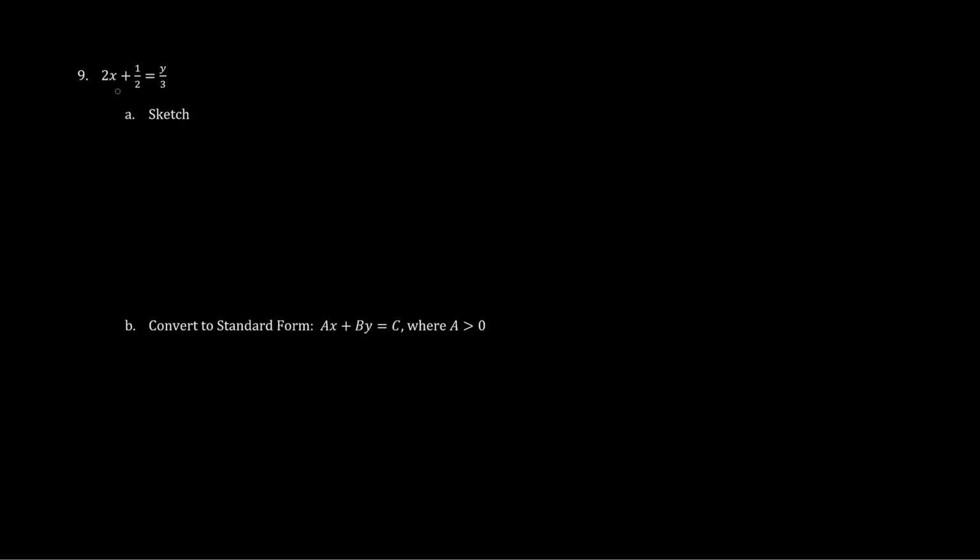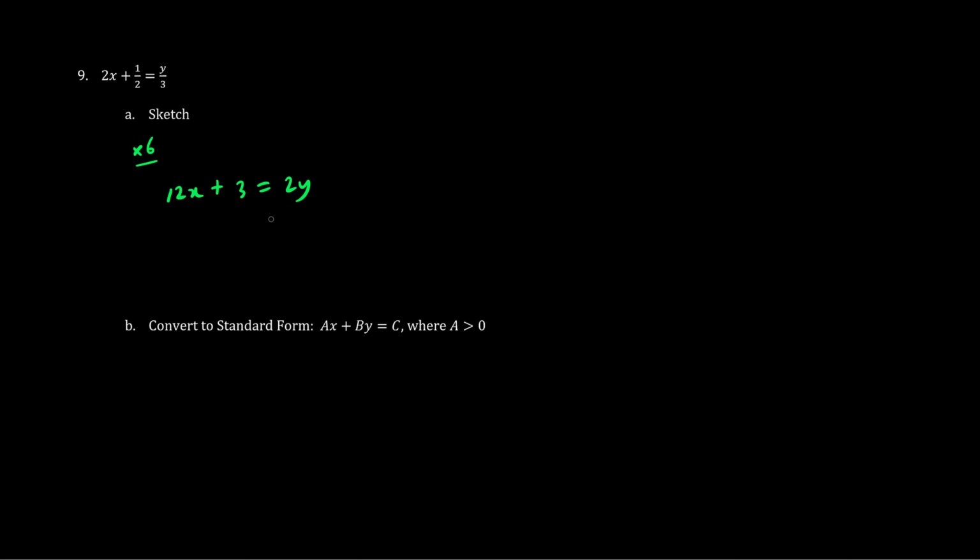And now we're asked to sketch a very strange graph here. Let's get rid of these denominators by multiplying by 6, both sides of the equal sign. We multiply by the LCM 6, we have 12x plus 6 over 2, which is 3, is equal to 6 divided by 3 is 2, so we have 2y.